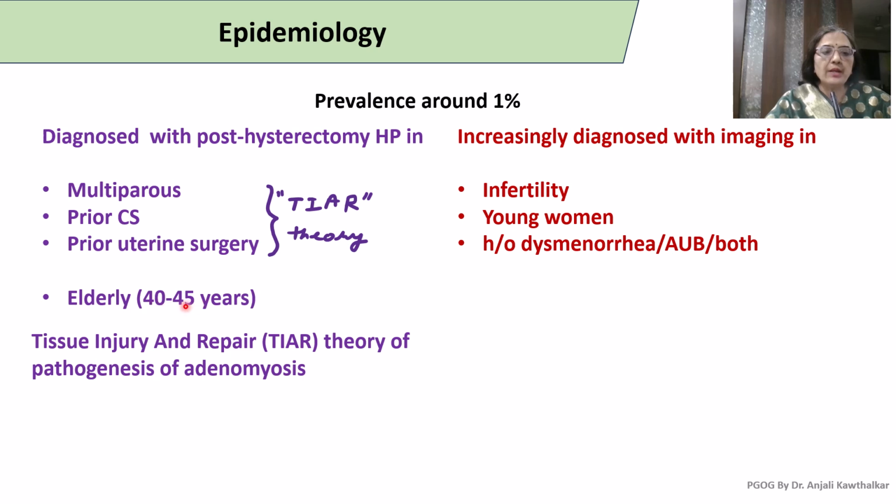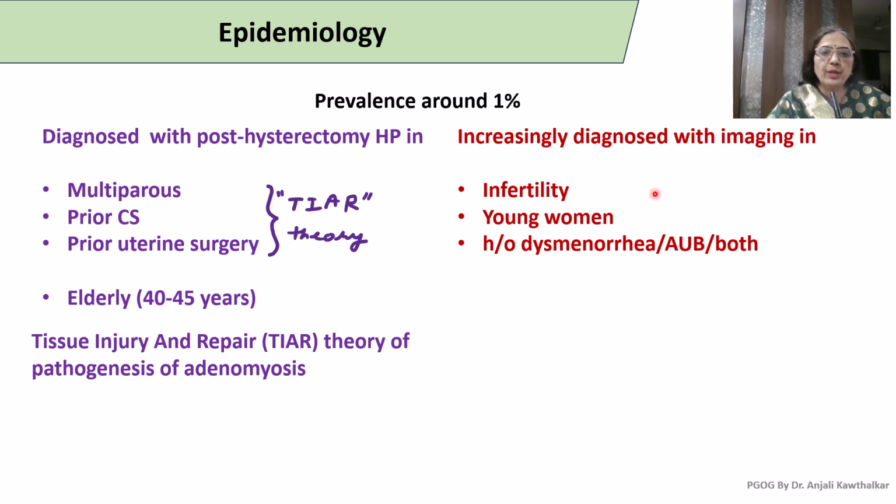It was mainly identified as a disease of elderly women, and especially 40 to 45 years was the age at which it was diagnosed maximally, when it was diagnosed by histopathology. But now with imaging we are able to diagnose it more and more, even in women having infertility, in younger women, or women having dysmenorrhea, abnormal uterine bleeding, or both.